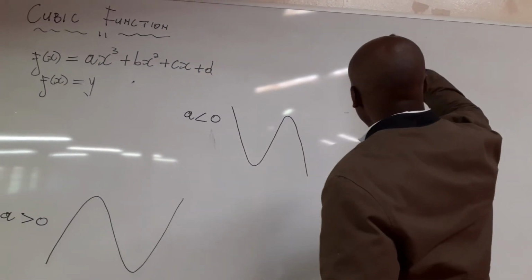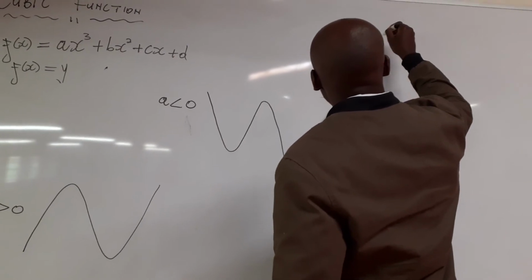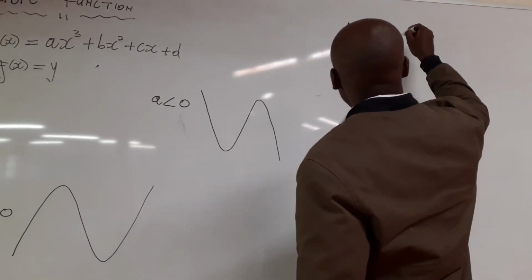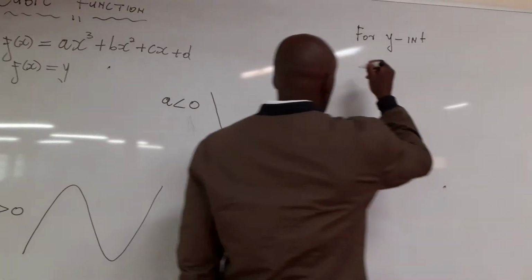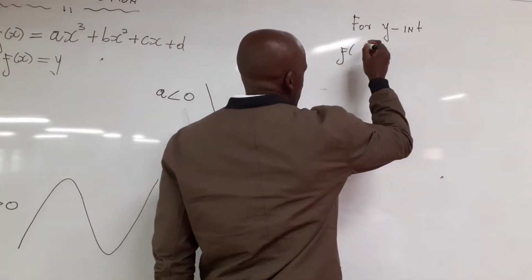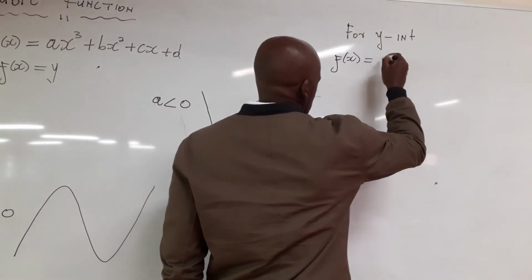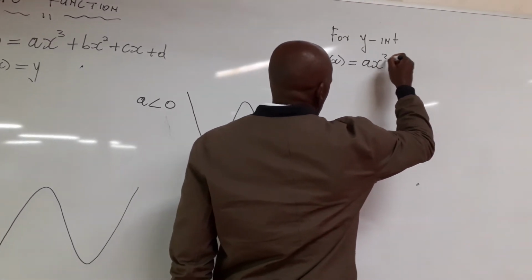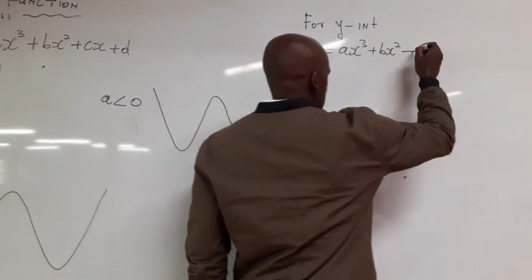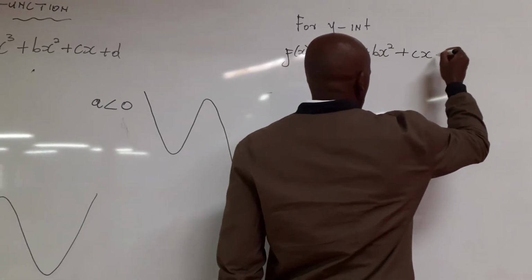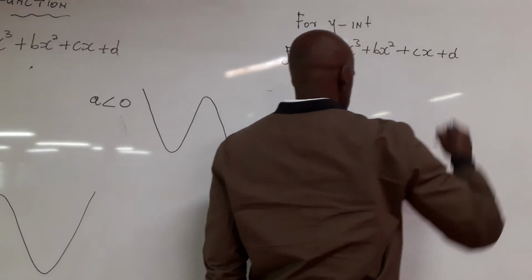For the y-intercept, in order to find it, let us write our function. It's ax cubed plus bx squared plus cx plus d.